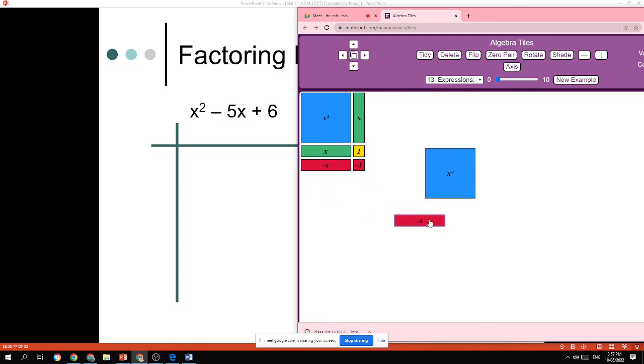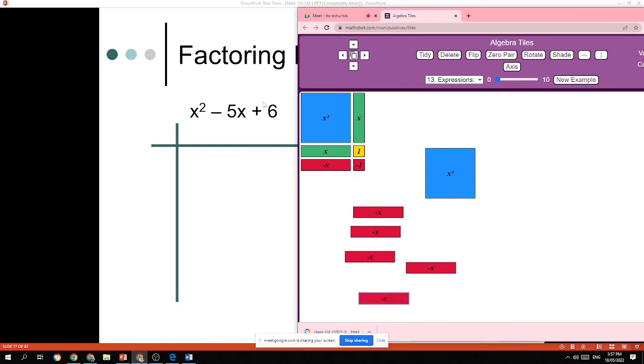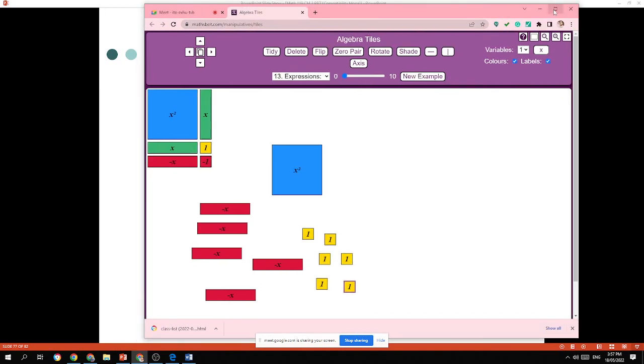Red. 5 ka buok. 1, 2, 3, 4, 5. Ay, sorry. Nag-green na ako. 5. And how many kining positive 6? Unsa man ni gamiton ani class? Squares. Yellow. 1, 2, 3, 4, 5, 6. And then, let us now arrange this.